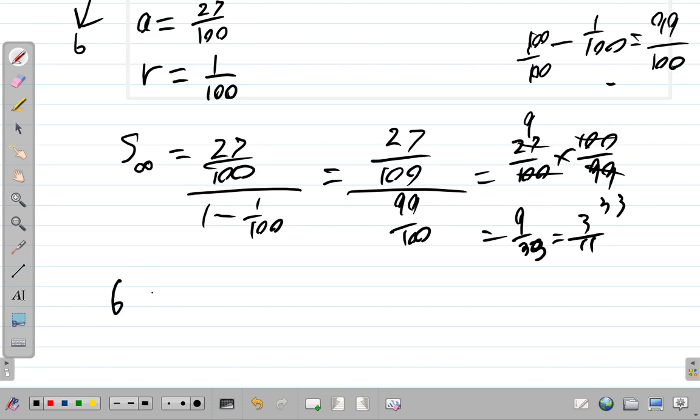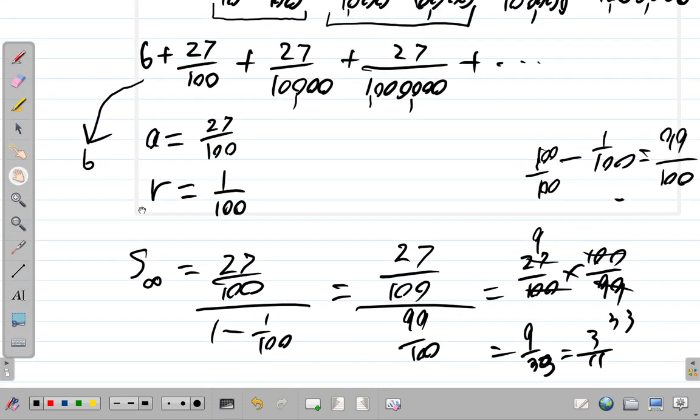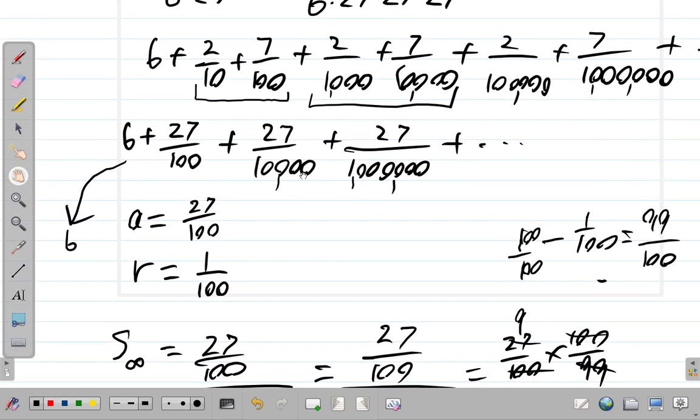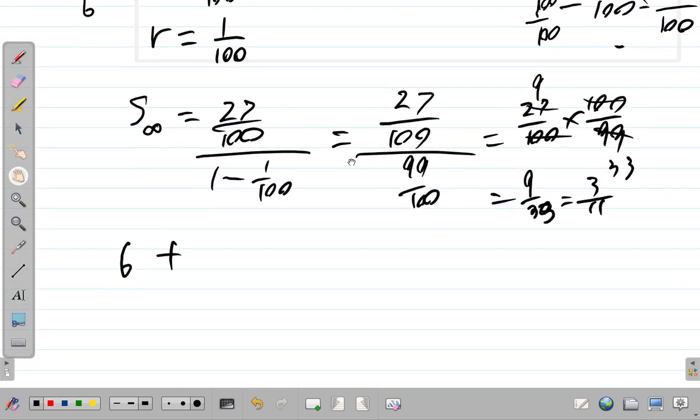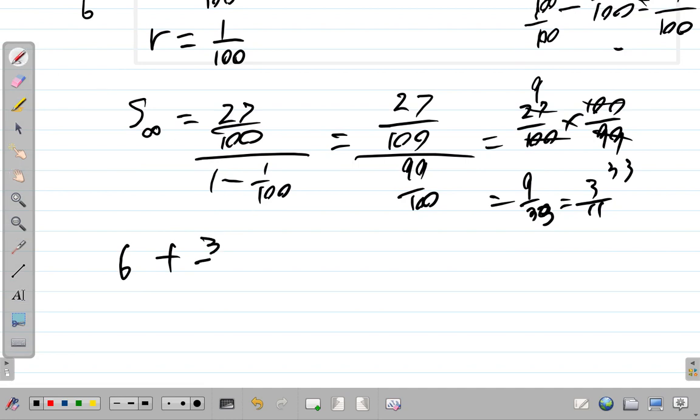We'll write back the 6 plus, and then realize that all of this part, the point 272727 really is 3 over 11, which is 6 and 3/11. Why am I writing 10 here? It's 11 that I should write. 3 over 11. This is 6 and 3/11th, which is what now? 11 times 6 is 66, 67, 68, 69. This is 69/11.